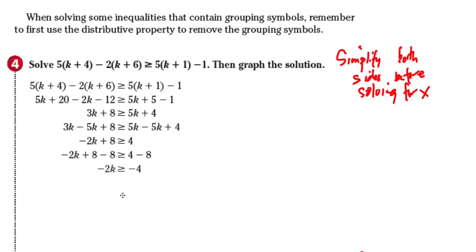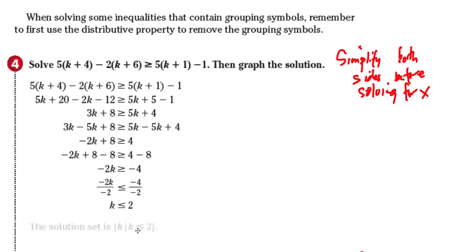We end up with negative 2k greater than or equal to 4. And then we want to get rid of negative 2, which means we need to divide both sides by negative 2. But once you divide both sides by a negative number in an inequality, the order of the inequality reverses. So you end up with k is less than or equal to 2.